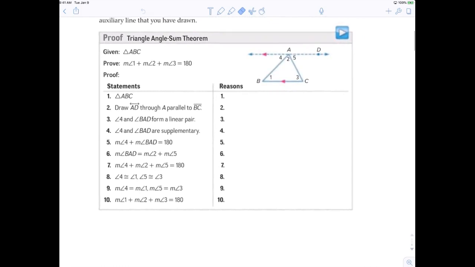Now, again, this is the proof, so let's go ahead and write that down real quick. All we're doing is we're given that we have a triangle. We're going to draw triangle ABC, so all we have as given is triangle ABC.